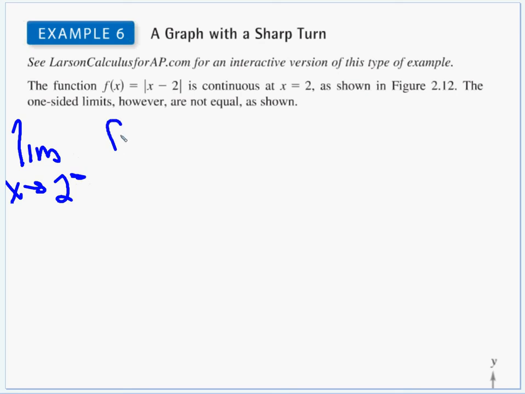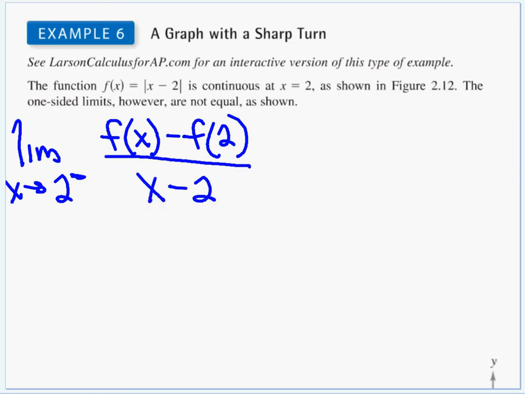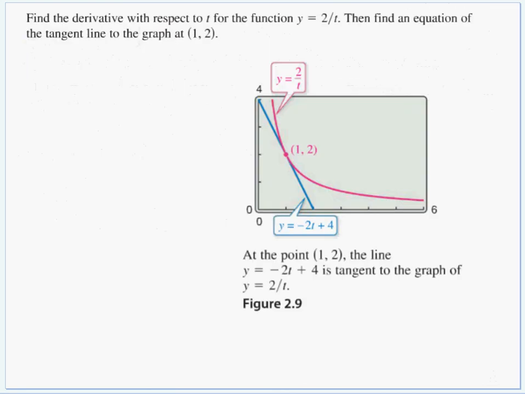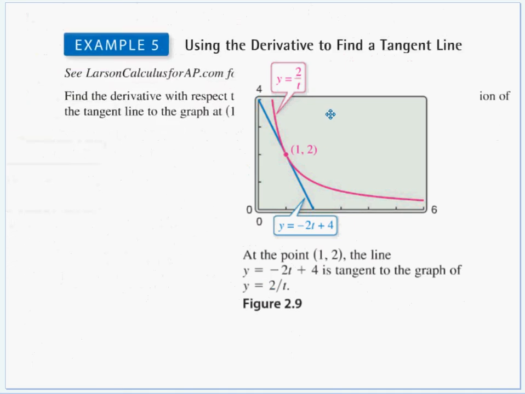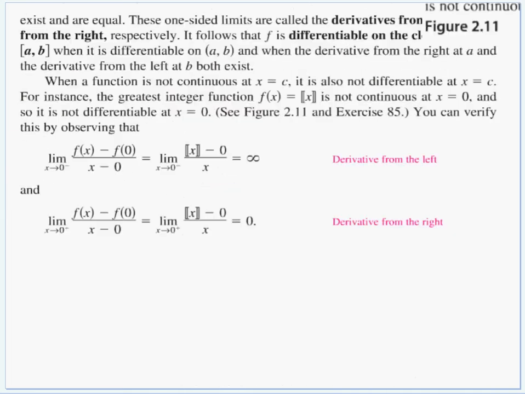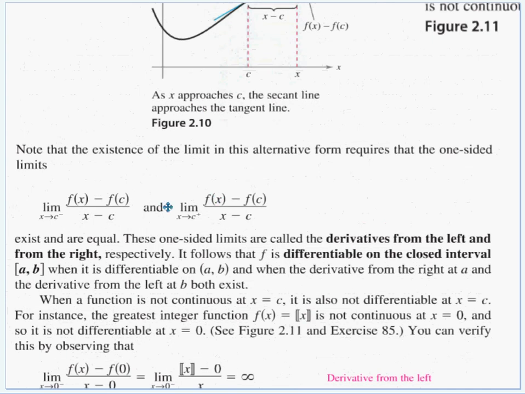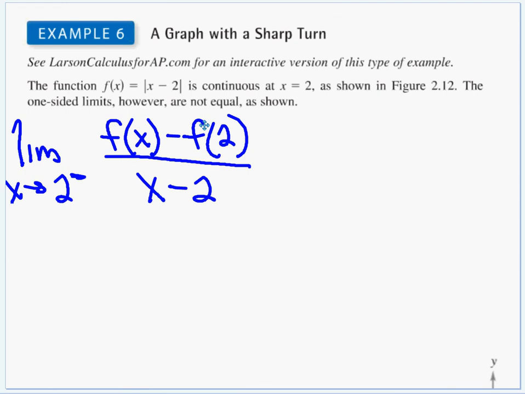So we're going to do f of x minus f of 2 over x minus 2. I just use this alternate form. Where did that go? I lost it. I dragged that slide up. There it is: f of x minus f of c over x minus c. That's all we've got here. F of x minus f of 2 over x minus 2.